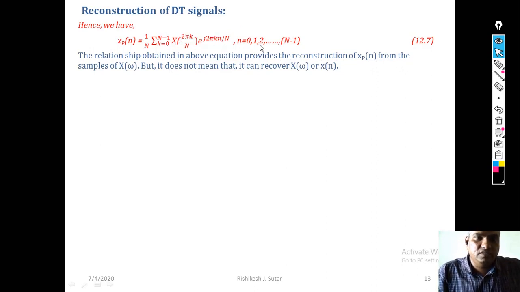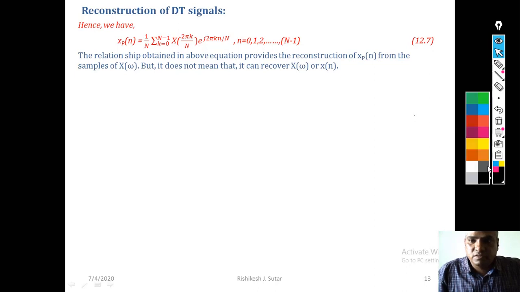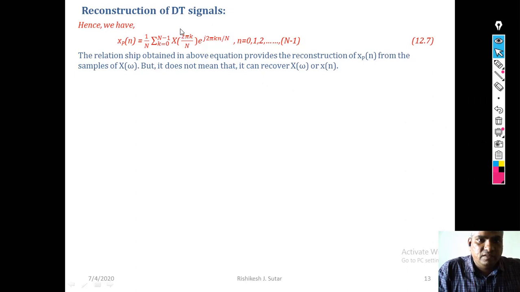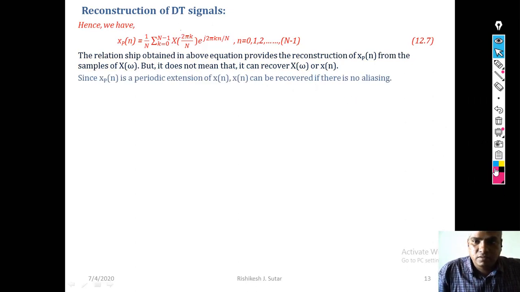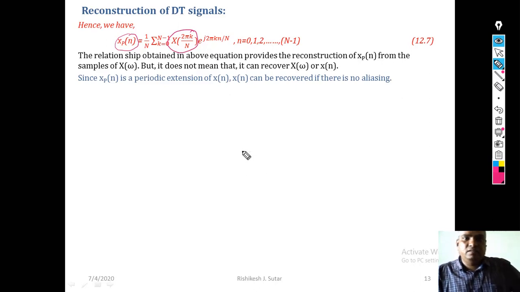If you remember, this is nothing but x of omega, and this is nothing but xp of n. So it provides the reconstruction of xp of n from x of omega.